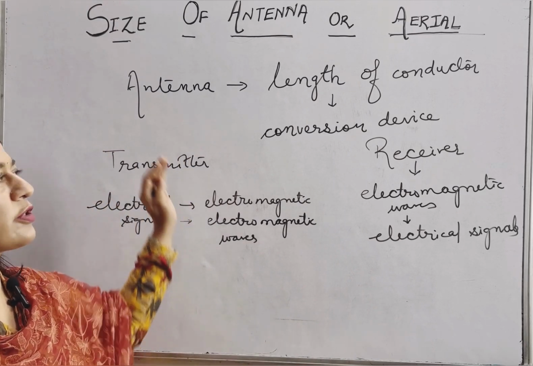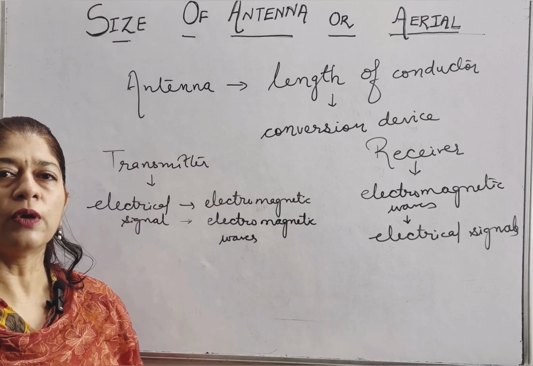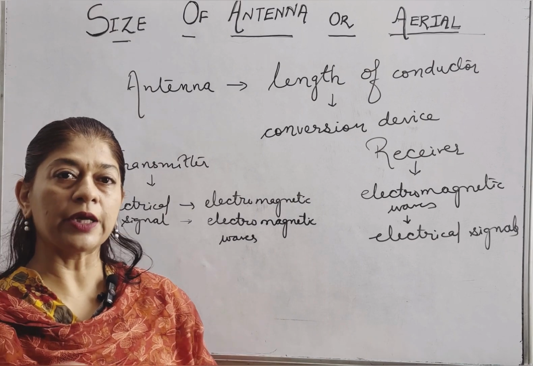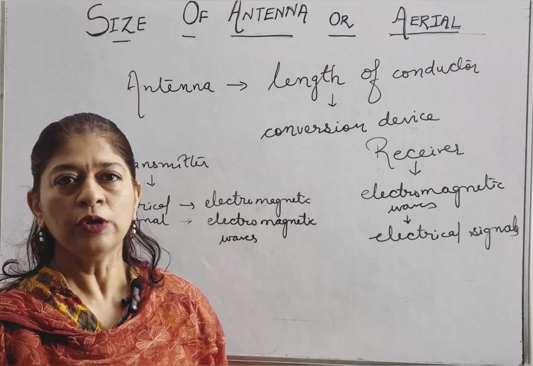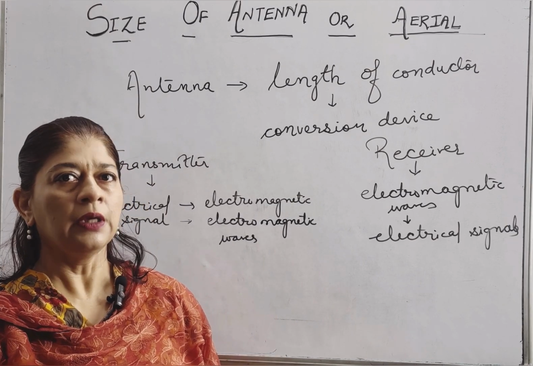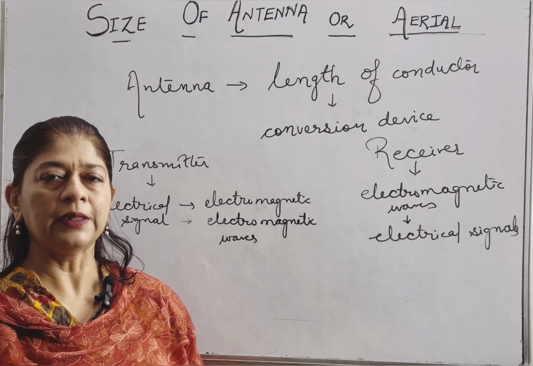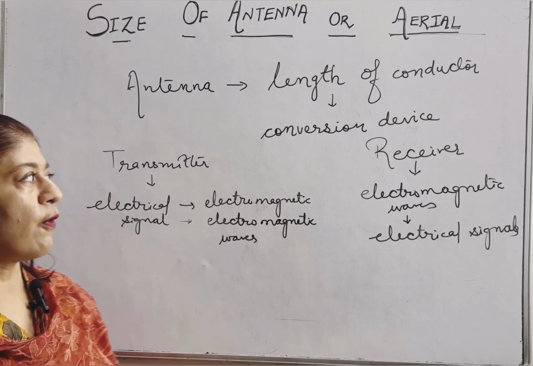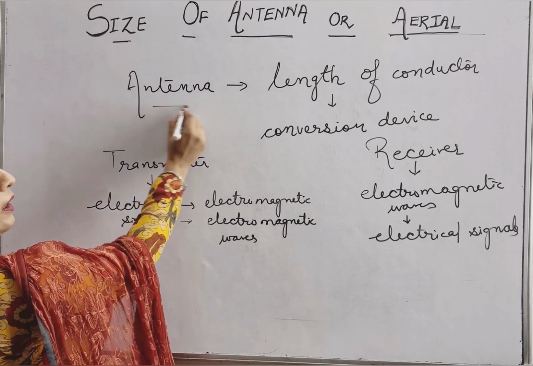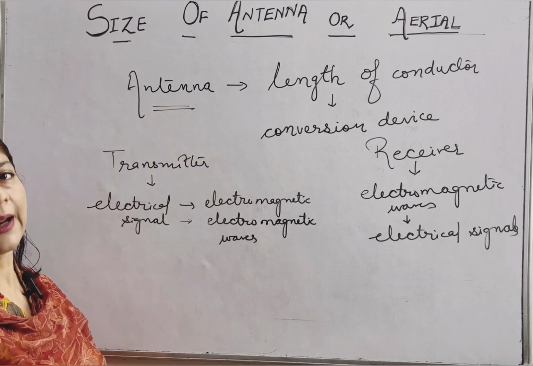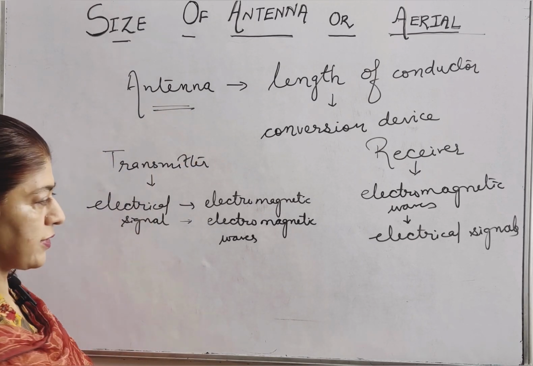So this is what an antenna is doing. Now we want our communication to be very efficient. To have efficient transmission and reception, we want the antenna to work at the resonant frequency.